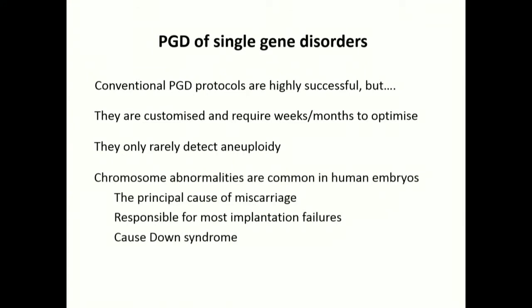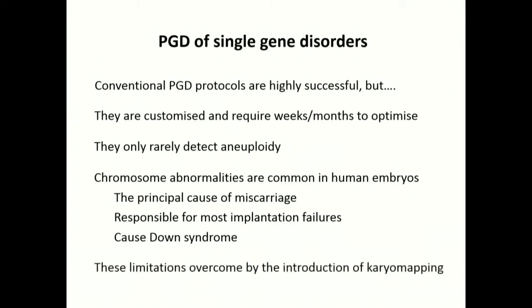Of course, chromosome abnormalities, as you're all well aware, are the principal cause of miscarriage, probably causing at least 2/3 of all miscarriages. They're also actually responsible for most IVF implantation failures. When an embryo is transferred during an IVF cycle and fails to produce a pregnancy, the most common reason for that is that it's chromosomally abnormal.